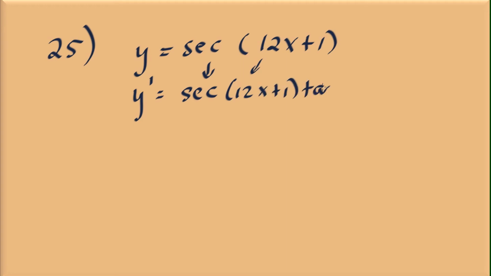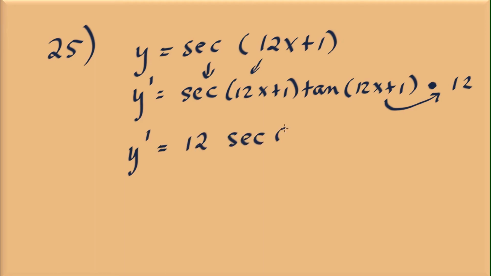Secant tangent of 12x plus 1. And then we're going to multiply it by the derivative of that 12x plus 1, which is times 12. And there you go. That's our derivative. 12 secant of 12x plus 1 tangent of 12x plus 1.